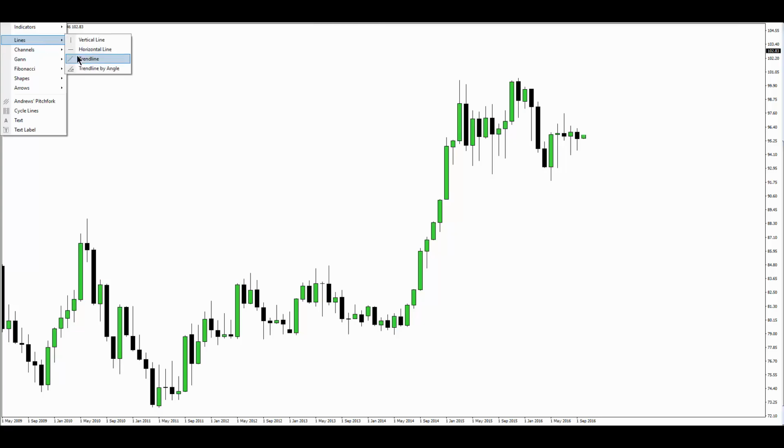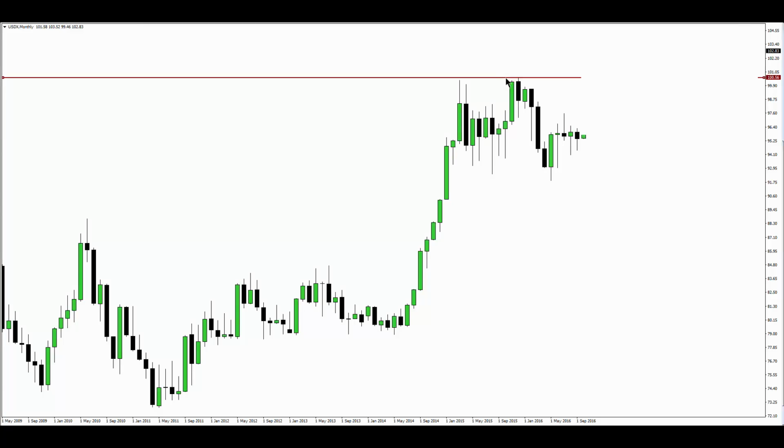So you take a look at the resistance levels you see here. We have equal highs here. And price came down and hit a level of support. You saw that happen here.